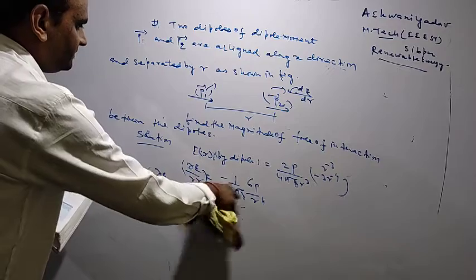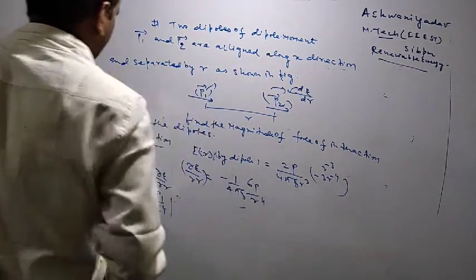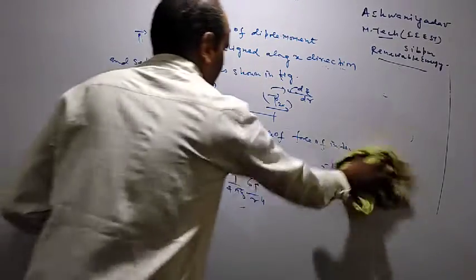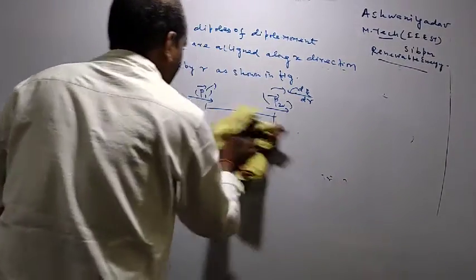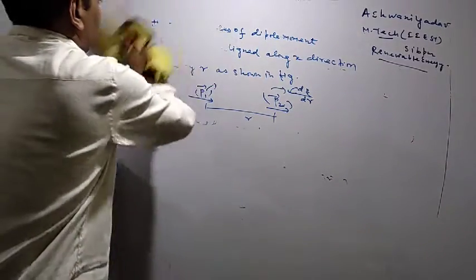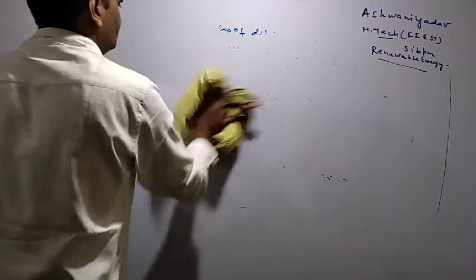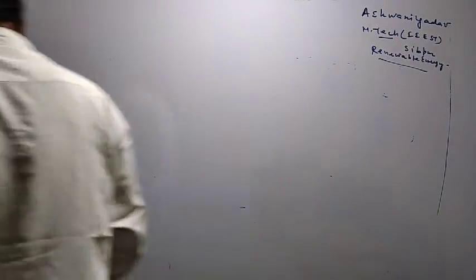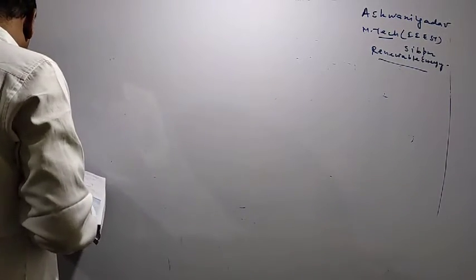If it is negative, this is attraction, it is attracted towards this dipole. So we have calculated the translational force on one dipole produced by the electric field produced by the other dipole.